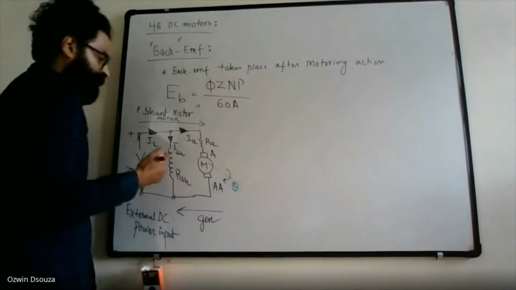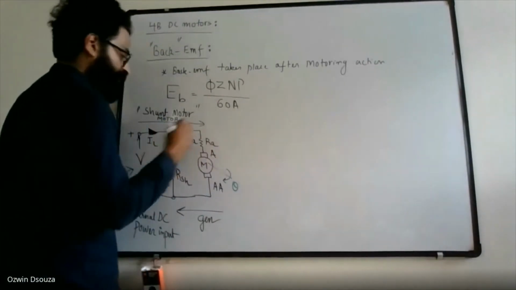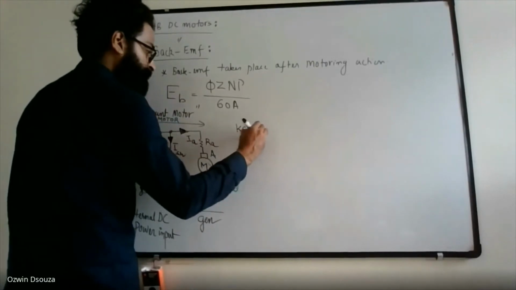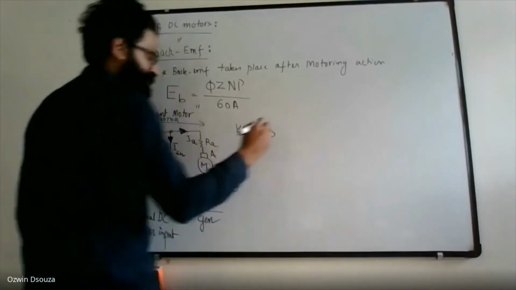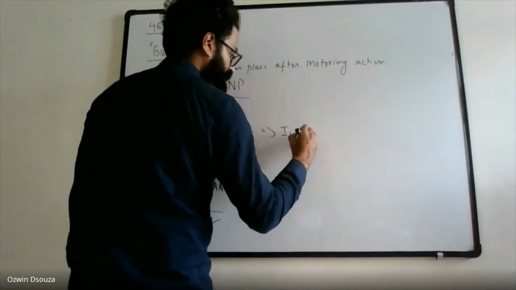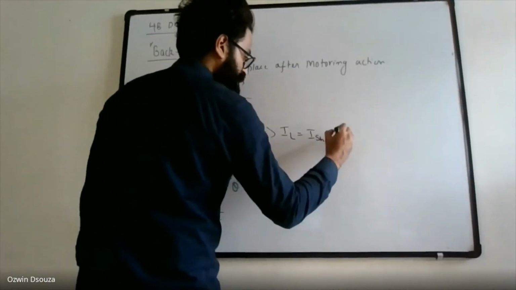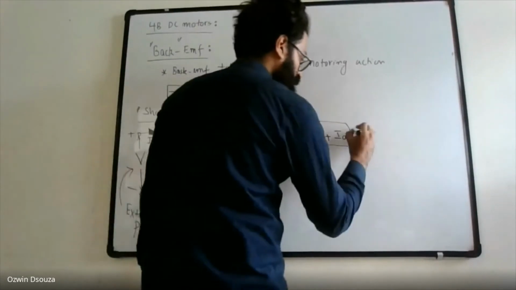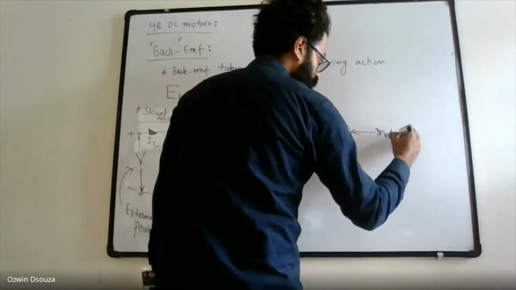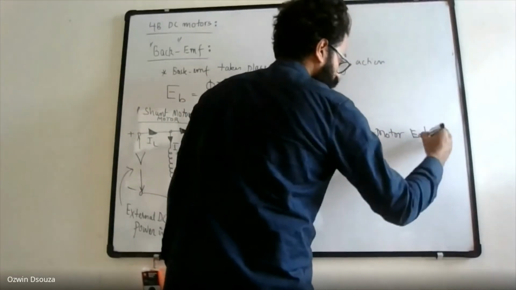All right. Now we can write KCL expression. So KCL expression is IL is equal to Ish plus Ia. Okay. This is your motor equation.